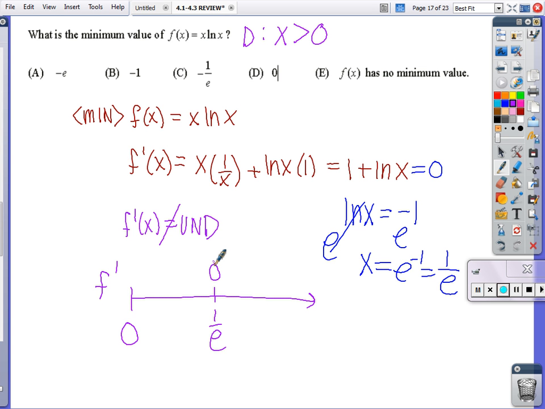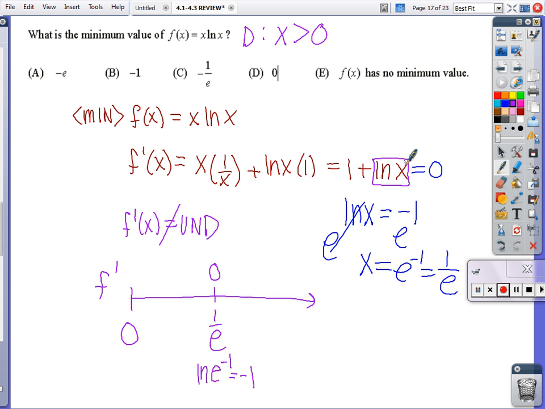Where are we? 1 plus ln of x. So, if you remember, the ln of e to the negative 1 is negative 1. So this here would give me the ln value to be negative 1.